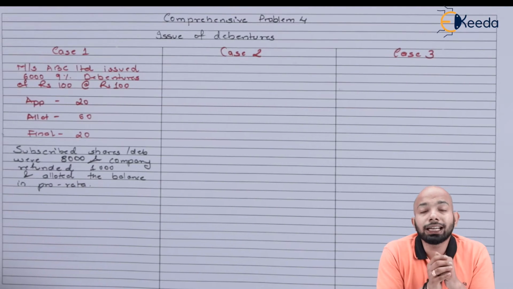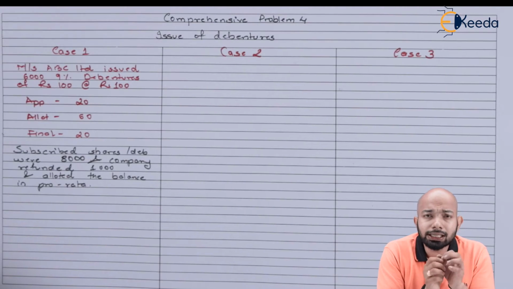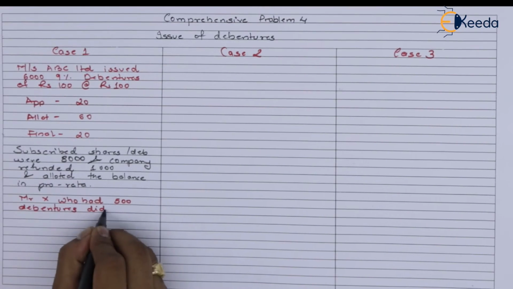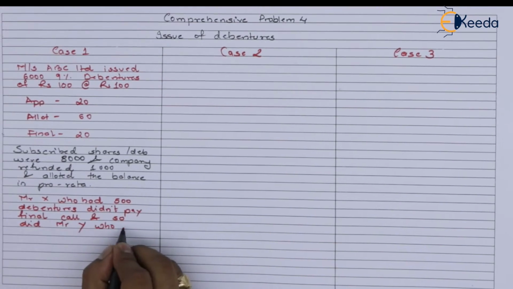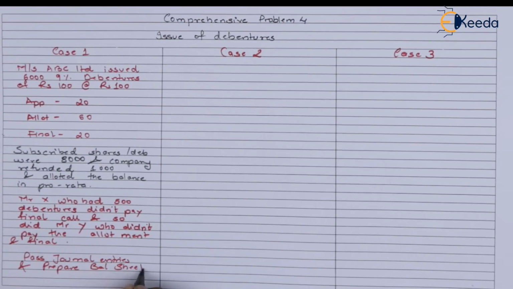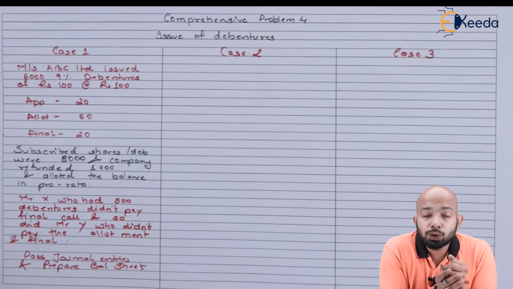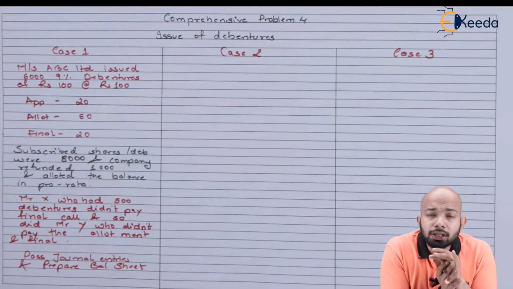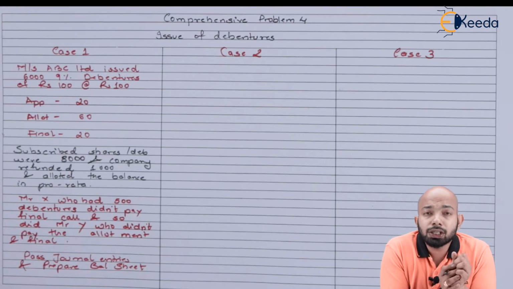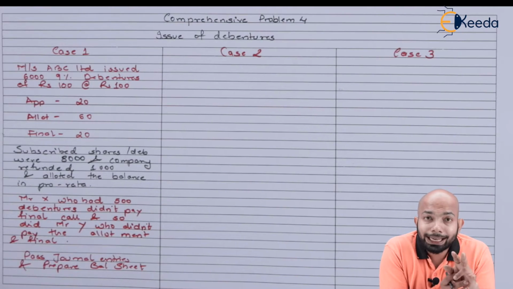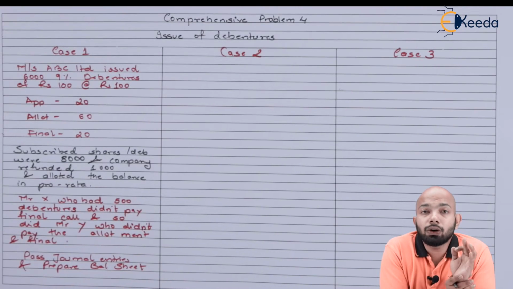Now, let's go on to the calls in arrears scenario in this case study itself. The company is also saying that Mr. X, who had around 500 debentures, didn't pay the final call money, and so did Mr. Y, who didn't pay for 500 shares the allotment as well as the final call money.